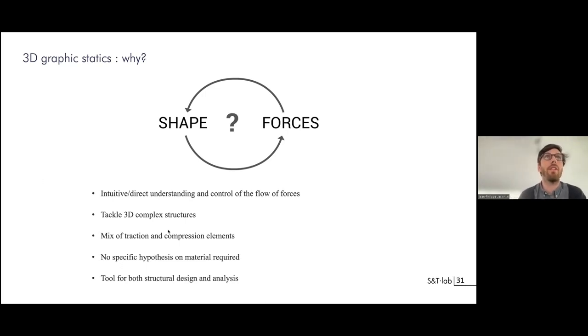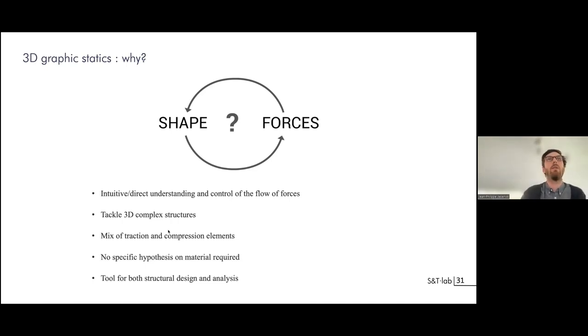So with 3D graphic statics, you have a mix of traction and compression elements. So you don't need to have specific hypotheses on material before dealing with that. And that's an important point compared with FEM models, with which you need to already define the elastic behavior of your materials.